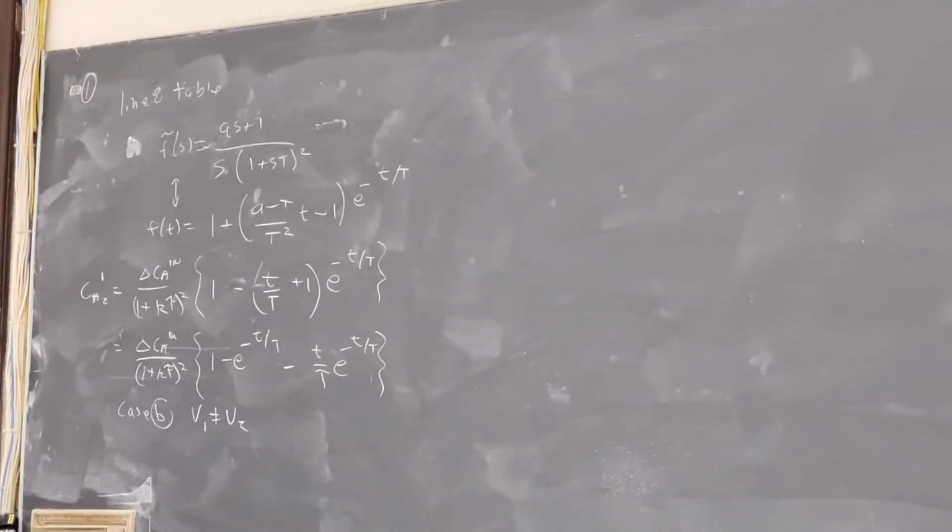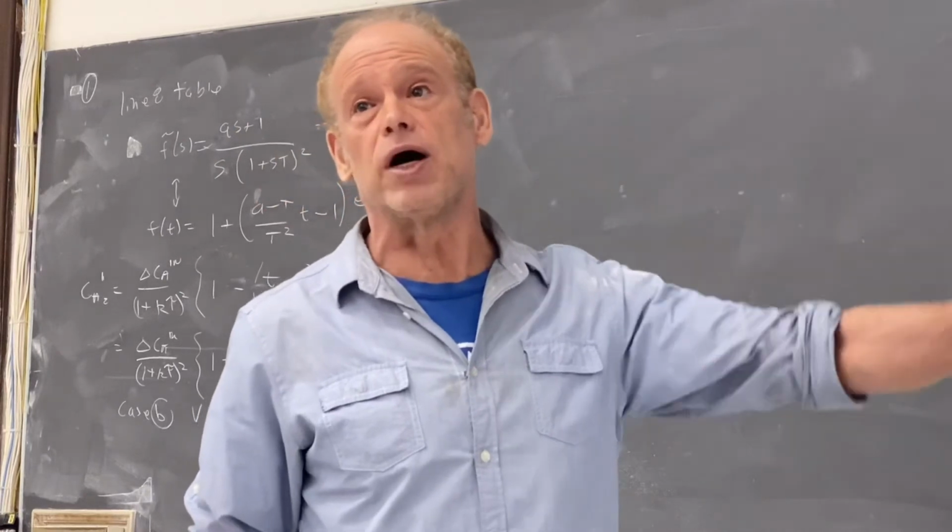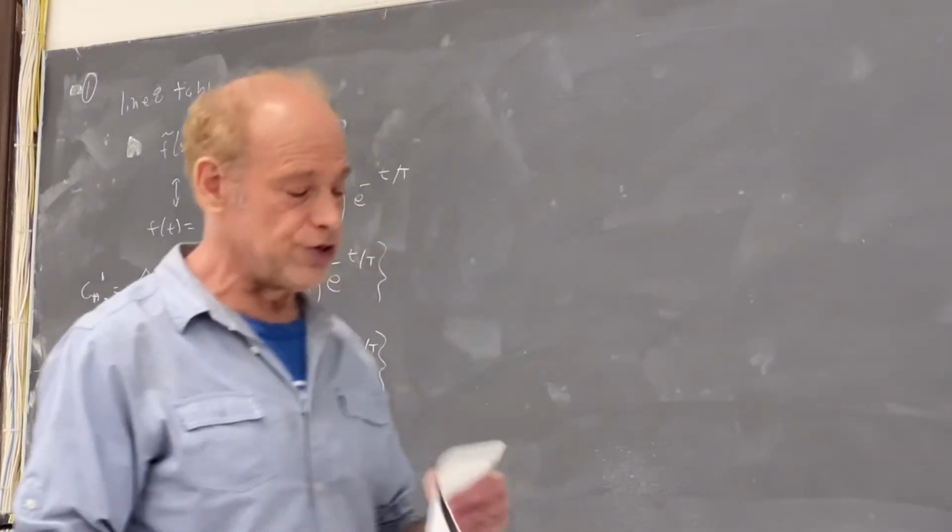When τ1 is different from τ2, I have 1 over s times (1 plus sτ1) times (1 plus sτ2).